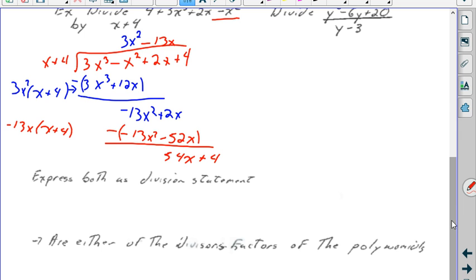And then the final one, what times x gets me to 54x? That's a positive 54. We have our 54x plus 216. Subtract that, 54x's disappear, and I end up with negative 212.